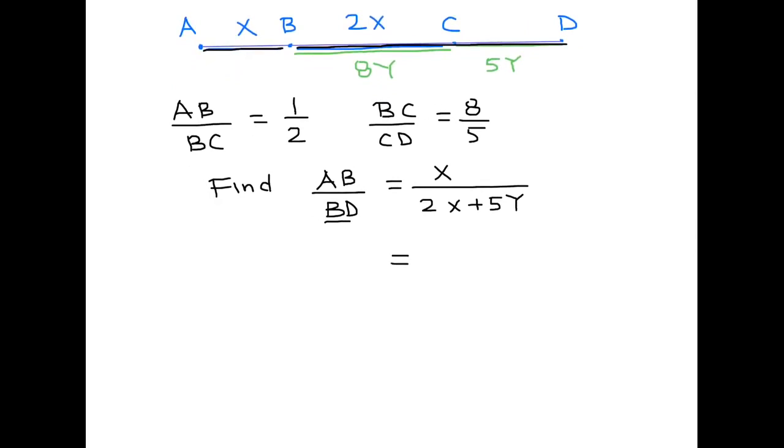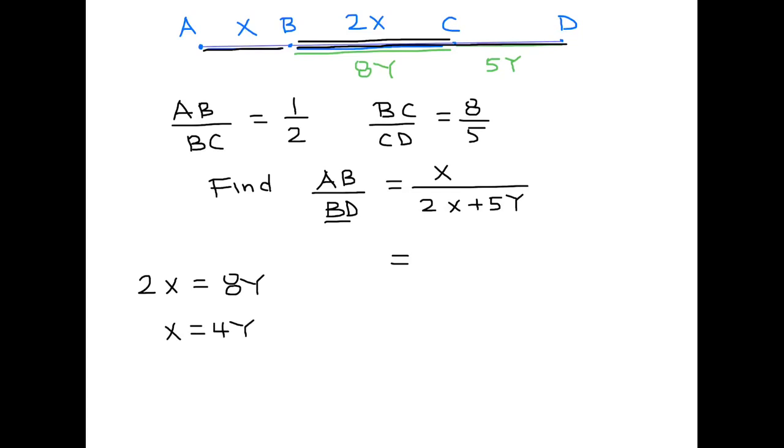Now, we've got two variables in here, and that's no good. We want to get rid of one variable. But the good news is that, look at BC. BC is represented by 2x, but BC is also represented by 8y. So therefore those are the same. So that means x is equal to 4y.